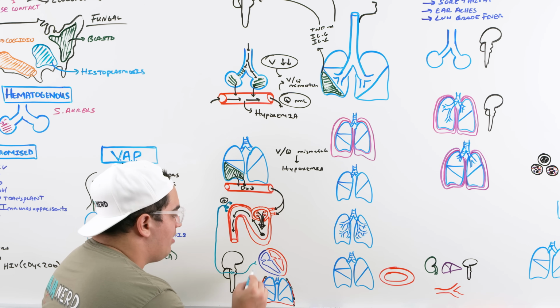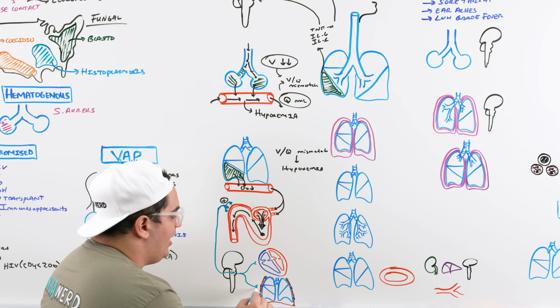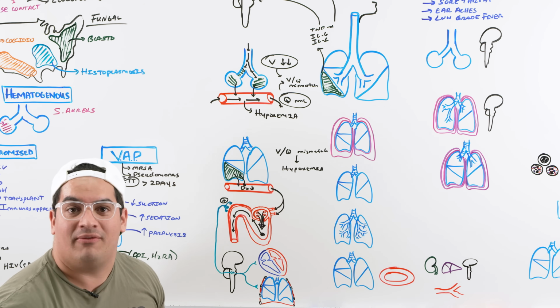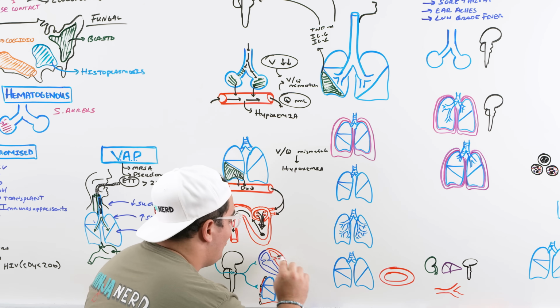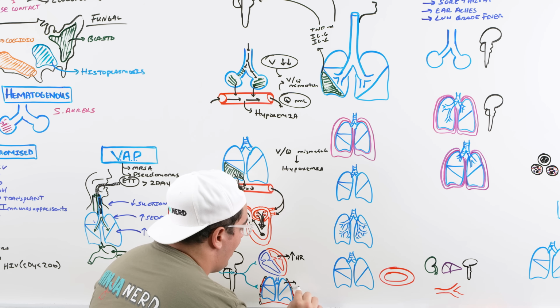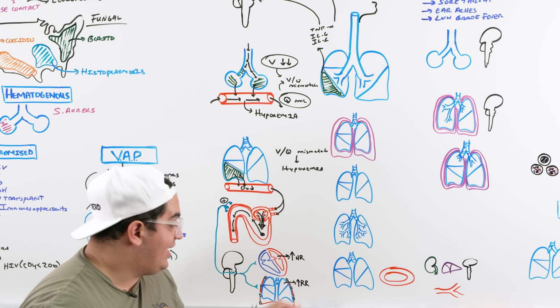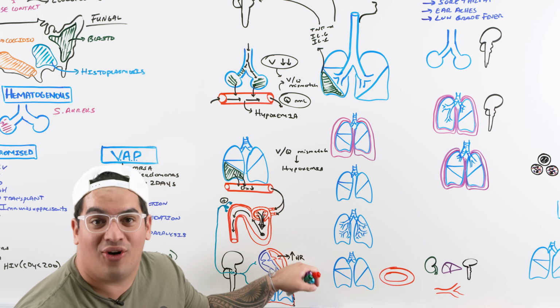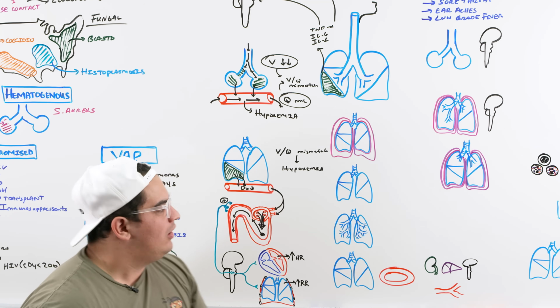I have to increase the blood flow out of my heart to the lungs to increase perfusion, and I need to increase the respiratory rate to increase my ventilation. And so subsequently you'll notice that the patient may have an increase in their heart rate, and they also may have an increase in their respiratory rate and depth. So they may present tachypneic or dyspneic and tachycardic, hypoxemic, with fevers and rigors.